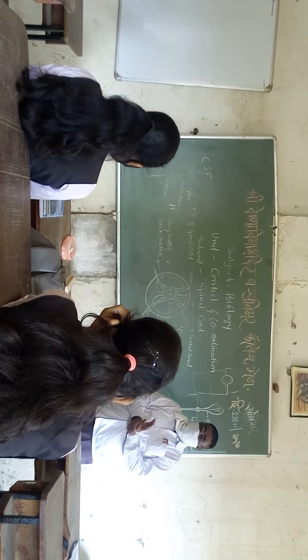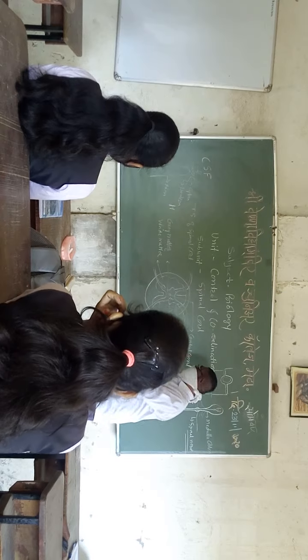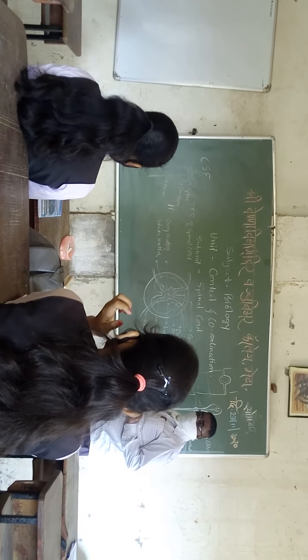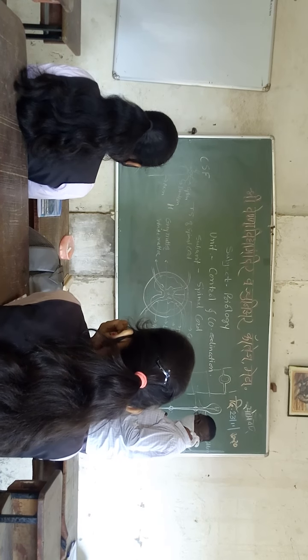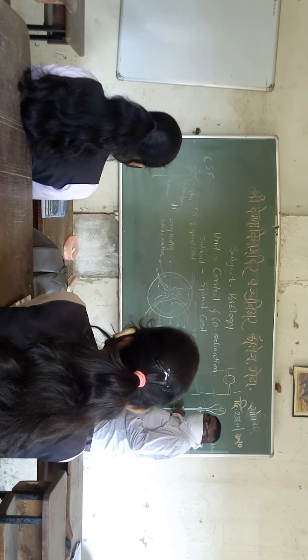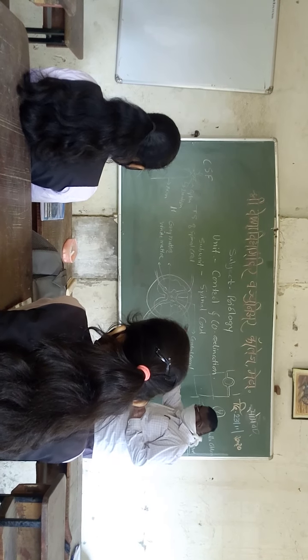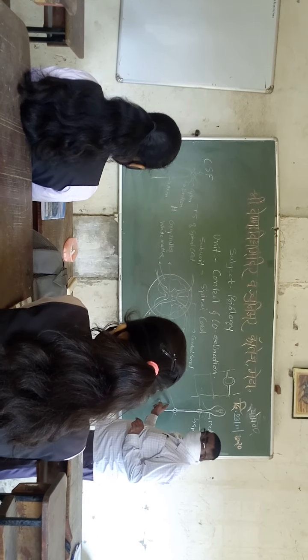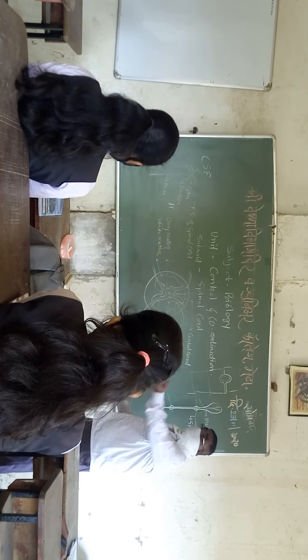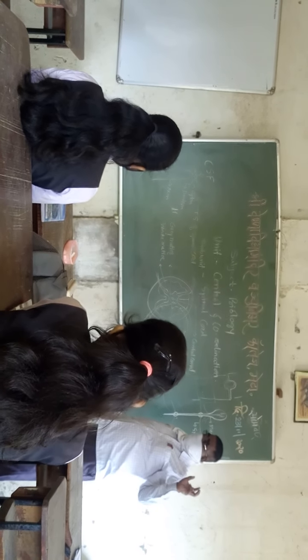For example, a pin prick. Suppose this is the skin. Here the pin pricks. The sensory neuron carries the message towards the spinal cord. In the spinal cord, the adjustor neuron takes the decision on it. It gives the message to the muscles to withdraw the hand.